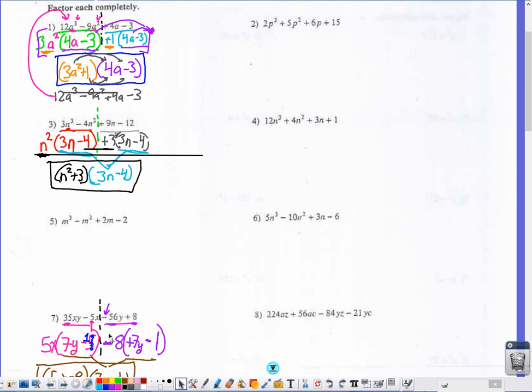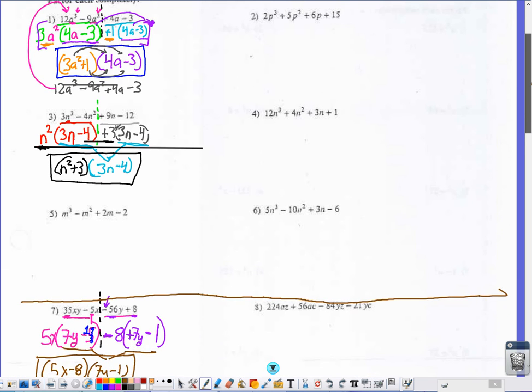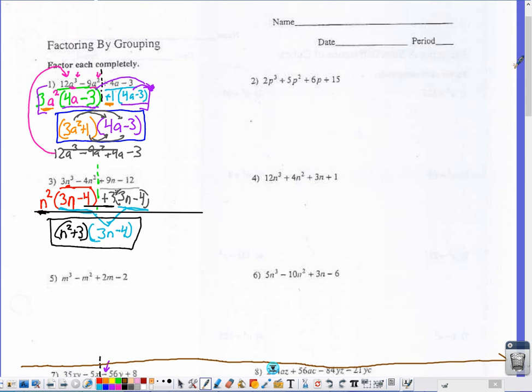You do 2, 4, 5, 6, and I'm going to throw in 10. So 2, 4, 5, 6, and 10 are what I want you to do. Good luck. I'll show you the answers in the meantime. And I'm going to be checking this tomorrow, so I hope you guys get it. And I'll try to answer any questions you have tomorrow.